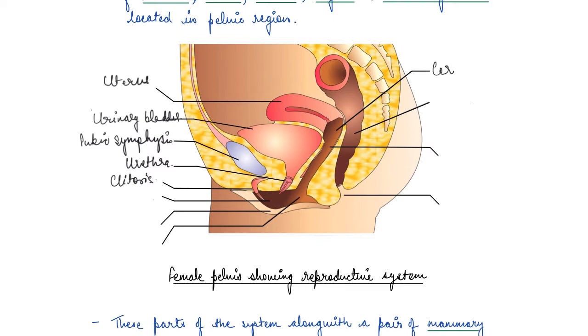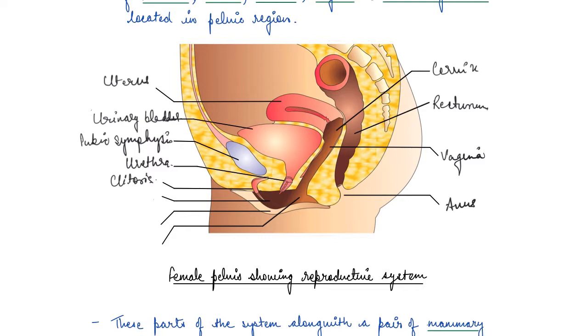Here you have the cervix. Behind that is the rectum. This is the vagina. This is the anus. This is the excretory part.